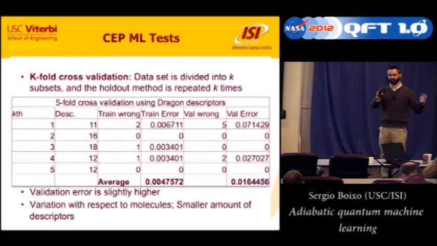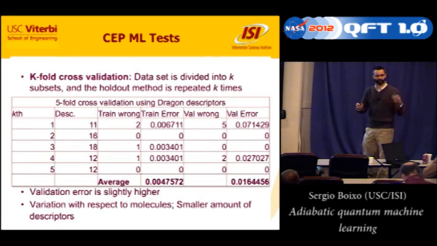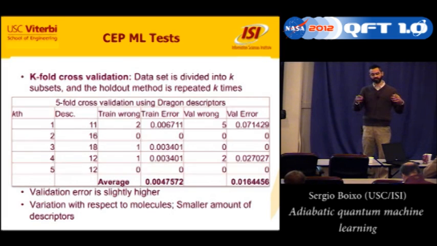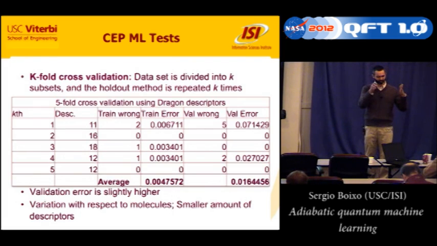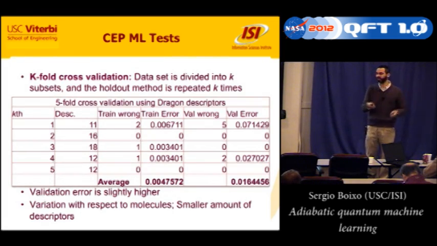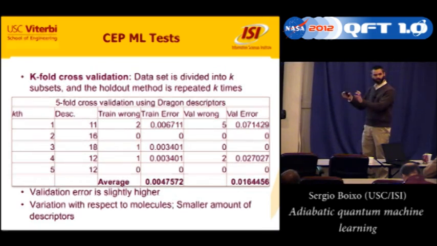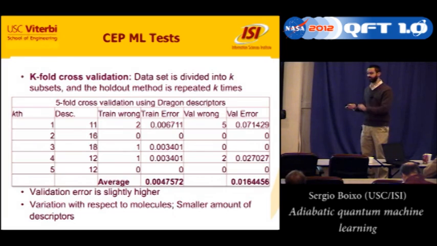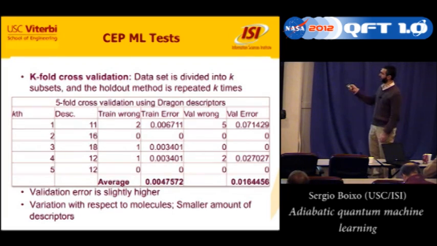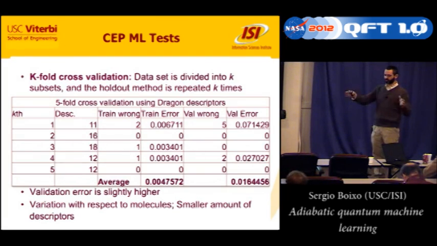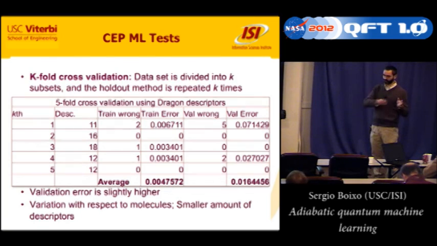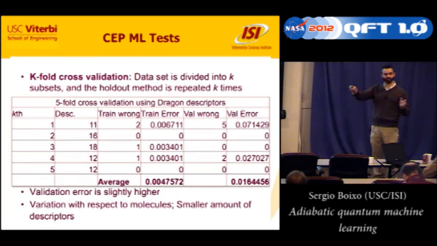But to make sure that we're not overfitting, and that the error we're reporting is not too low just because we're learning the molecules in those 4 groups, we look at the 5th group that we didn't use for the learning and calculate the error there. We use one of the 5 groups as the validation set, to measure the error. So that's the 5-fold cross-validation.